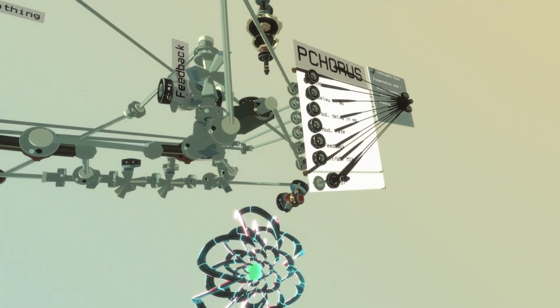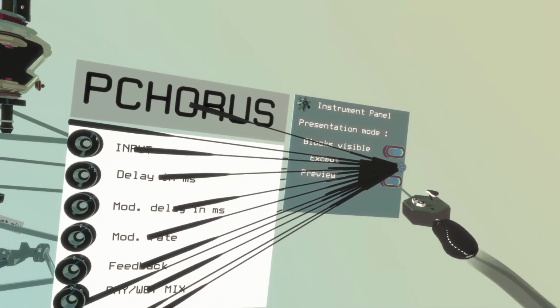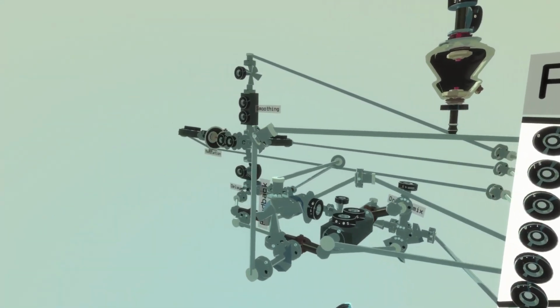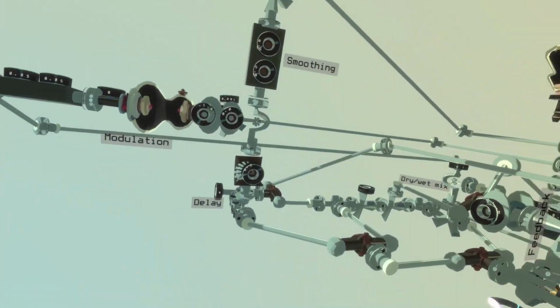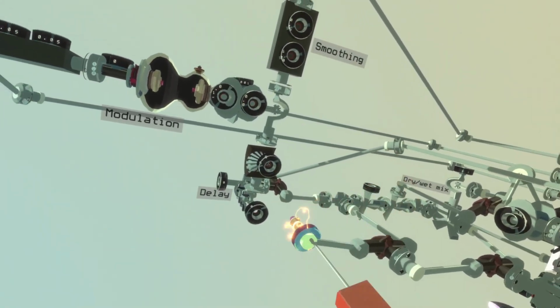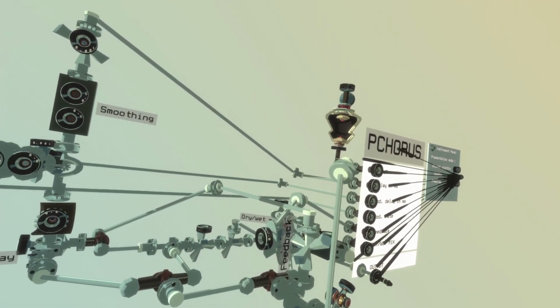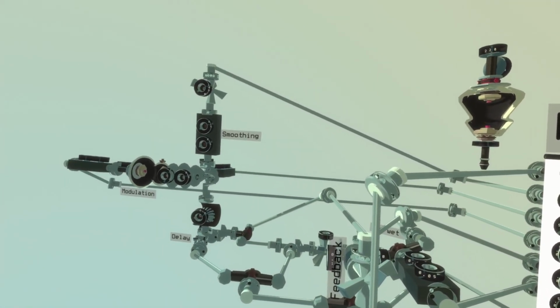And here we see the patch and we see the panel. You can actually hide the stuff by pressing the toggle here, the preview. And now you can go ahead and edit the stuff inside, and it will be updated in all of the patches that use the chorus subpatch.